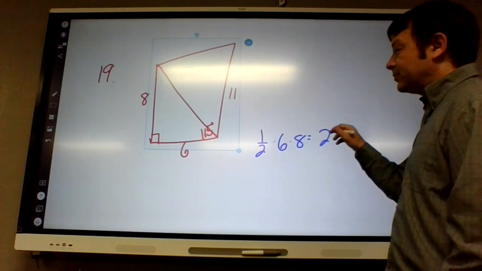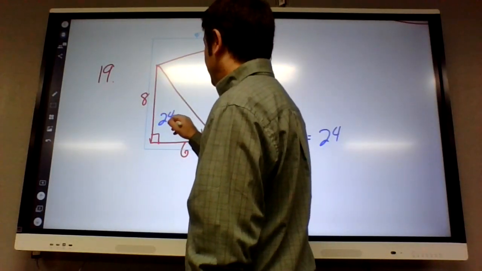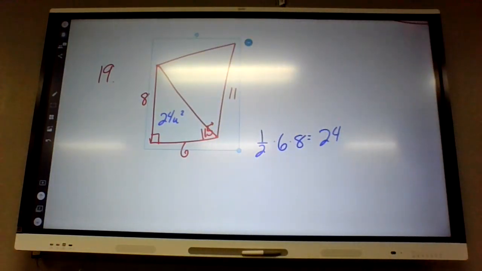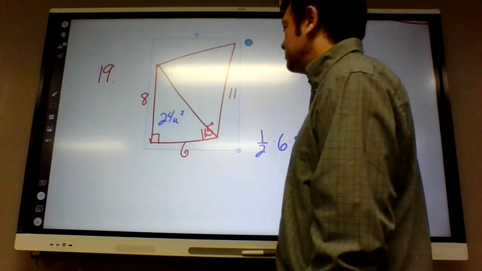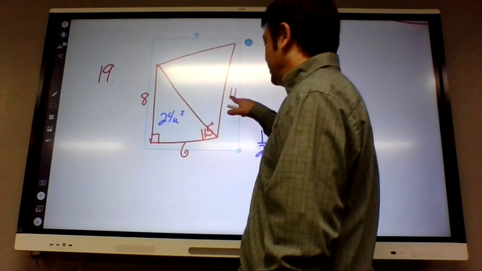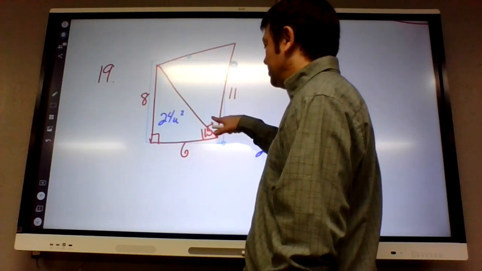3 times 8, 24. So this triangle is 24 square units. So all we have to do is find the area of the other triangle. How could we find the area of the other triangle? Well, we need a side and an angle.